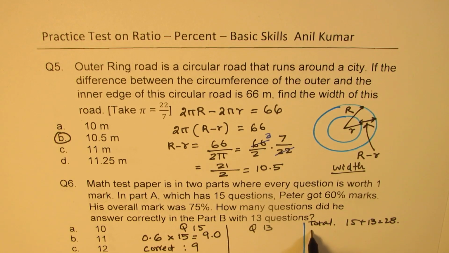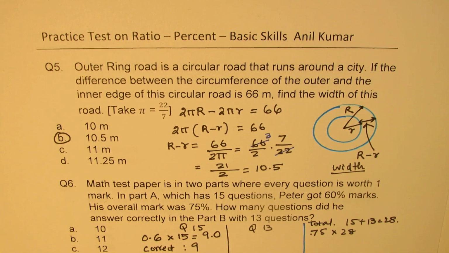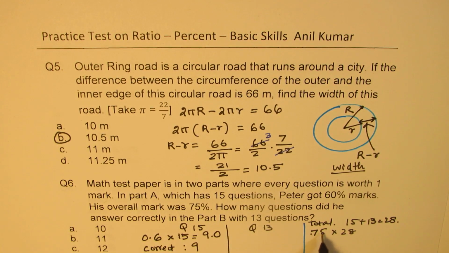So 75% means 0.75 times 28, right? So 75 is 3 over 4, right? So decimals could be written as fractions, 3 over 4 times 28. We can now divide this by 7 times 4, and we get 21. So in total, he should have answered 21 correct, right?